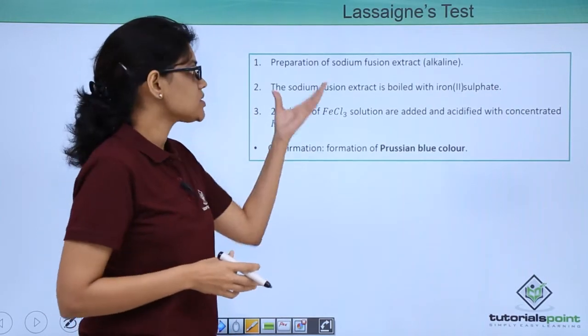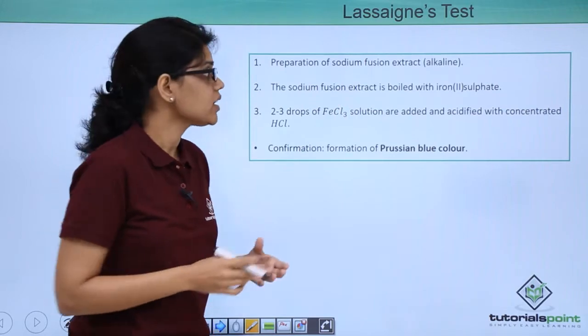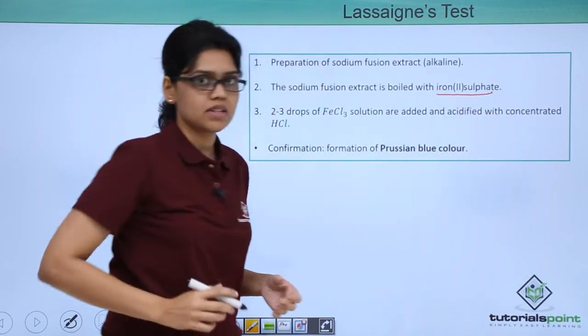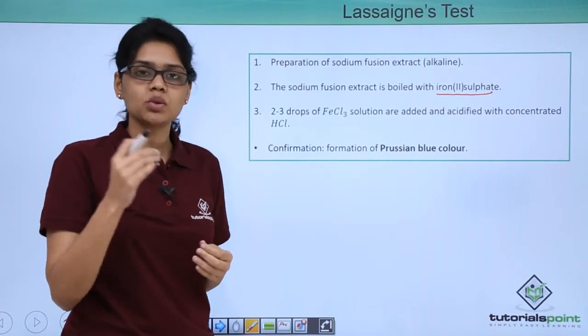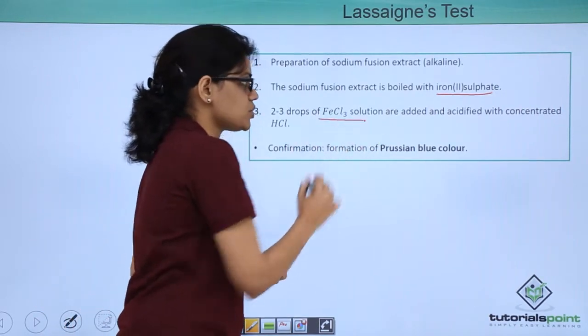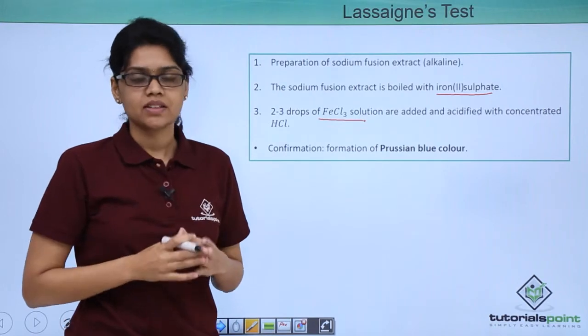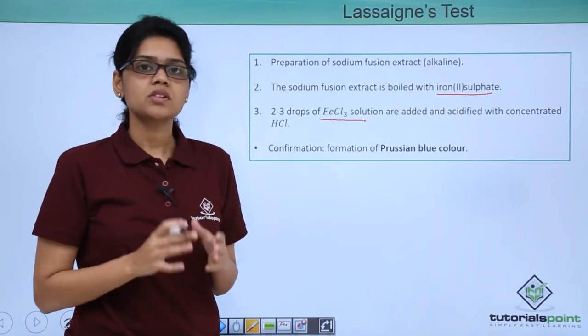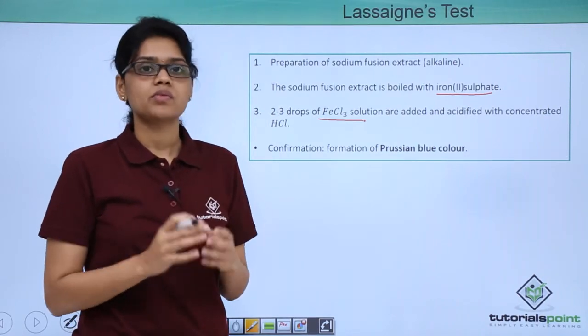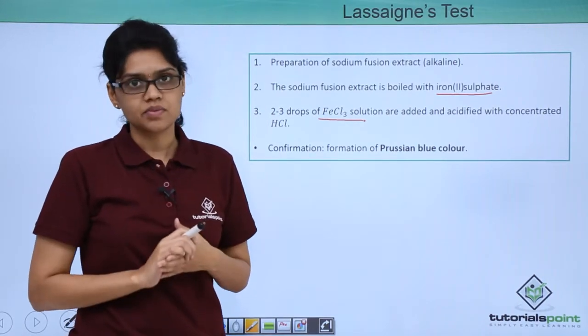In the second step, the sodium fusion extract is boiled with iron sulfate or FeSO4. In the third step, we simply add 2 to 3 drops of FeCl3 solution followed by acidifying the reaction mixture with concentrated HCl. Confirmation of nitrogen is done with the formation of a Prussian blue colored complex.